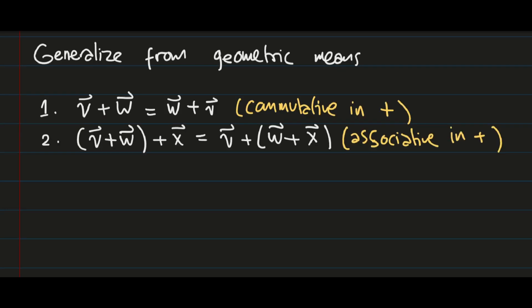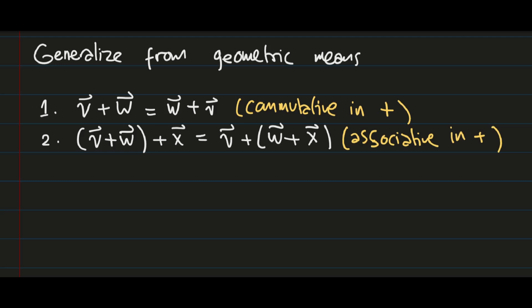First, vector addition is commutative and associative, which explains how vectors can be added as positions. Commutative means v plus w equals w plus v.